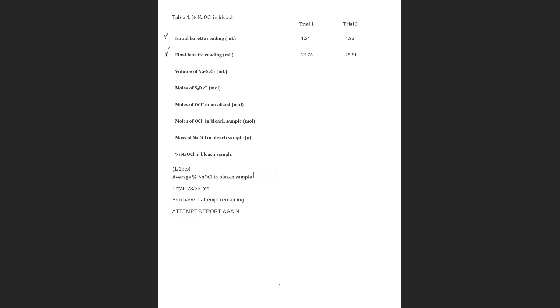So it will be 25.76 minus 1.34, and my value is 24.42 mLs. Very good. So this is the volume that I used until the end point in the titration. Then what else do I need to calculate? The moles of thiosulfate. How do I calculate that?